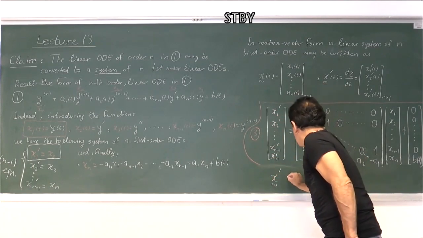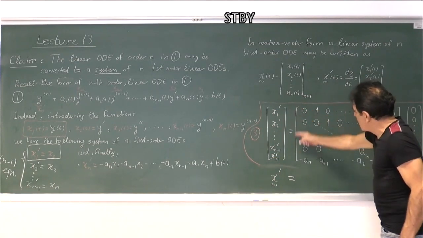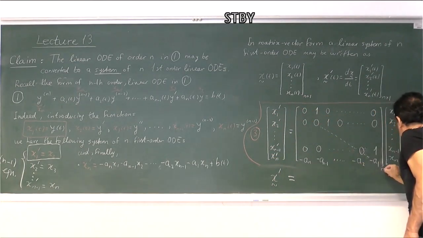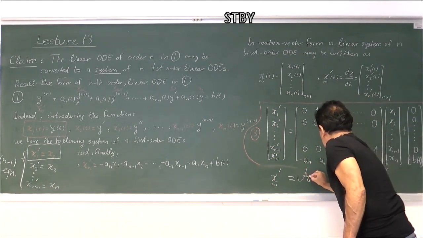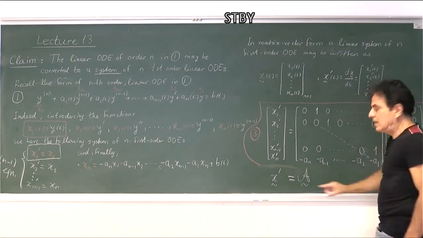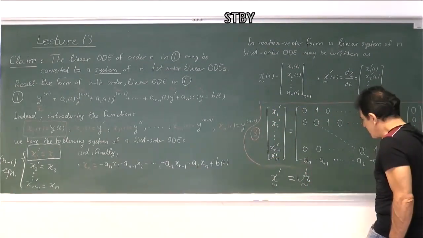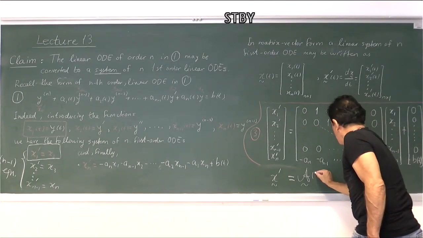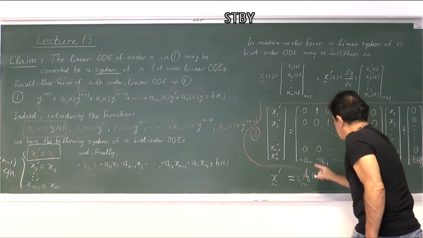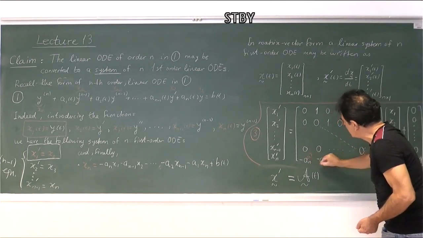Its derivative is equal to a matrix, clearly a square matrix of order n. I write it as A tilde, implying that it is a matrix quantity. Of course, it depends on t, because the coefficient functions may be functions of t.